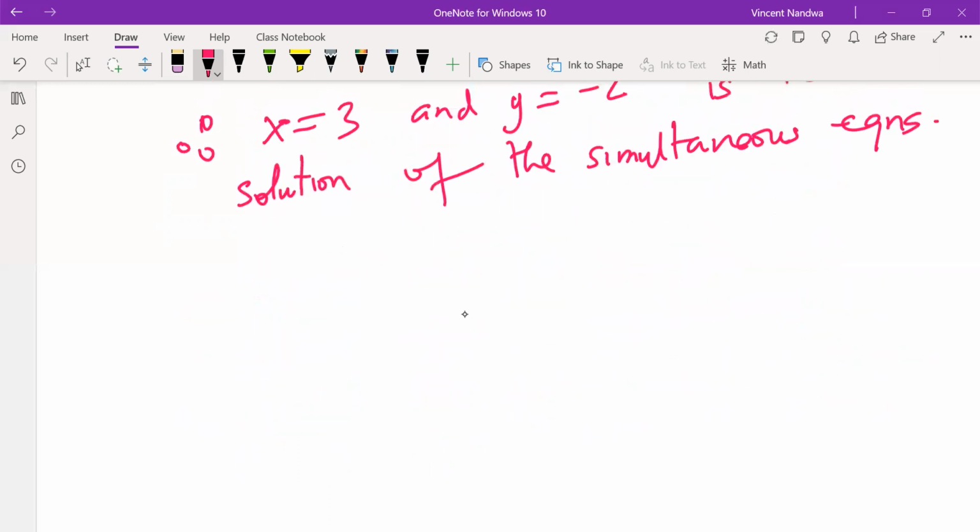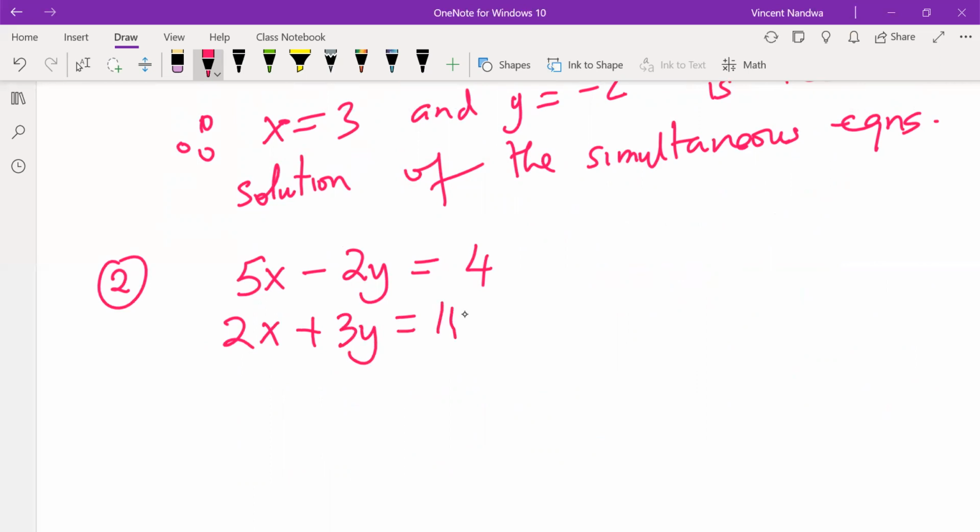That's example 1. Example 2: 5x minus 2y equals 4 and 2x plus 3y equals 10.